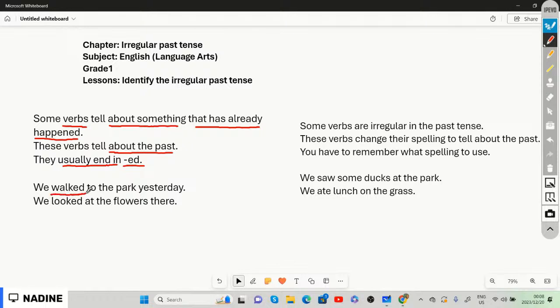And walked gives us the indication that it is the verb, but also that it happened in the past, because walked even ends in ed. It gives us the indication that this word happened already.